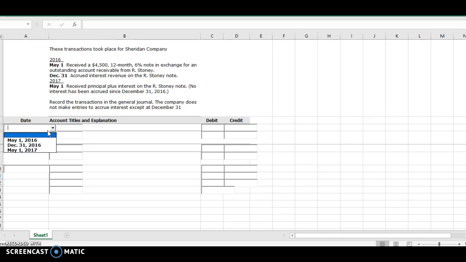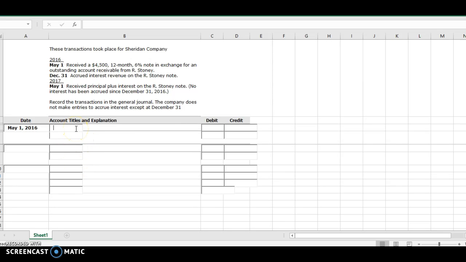what we're doing is recording transactions in the journal. It's learning how to manage our receivables. And so in 2016, with Sheridan Company, we've got a transaction on May 1st of 2016. It's one of the mistakes I made because there's a 16 and a 17.